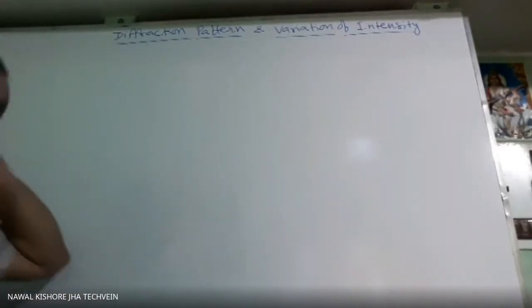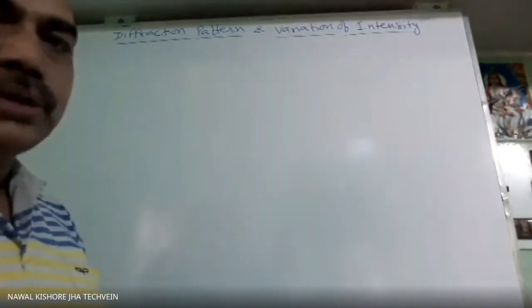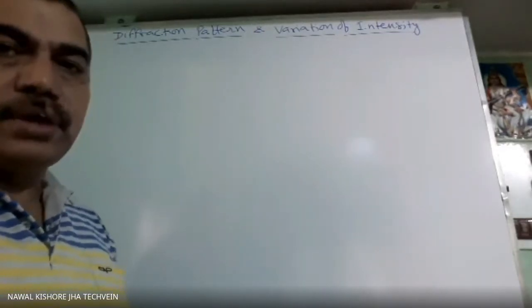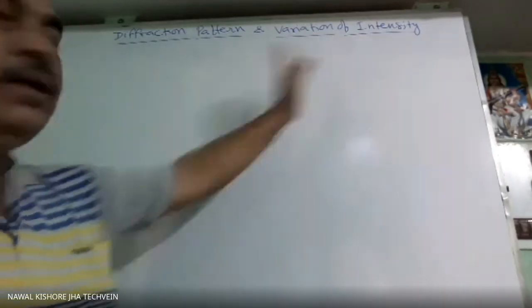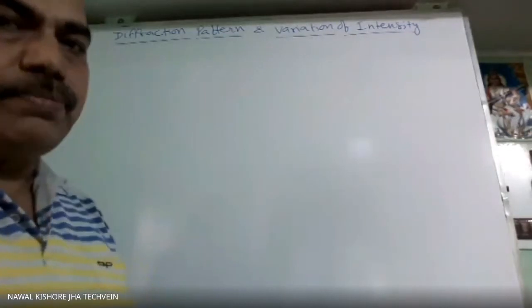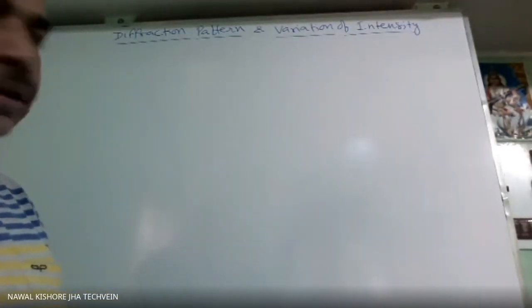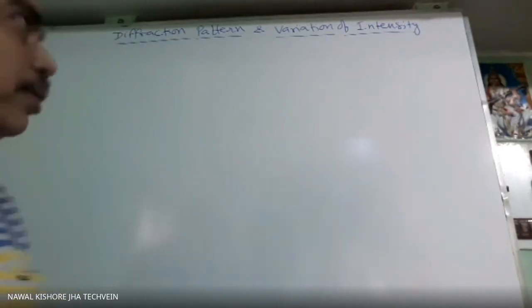So today we are mainly going to discuss the position, that is angular position, linear position, as well as angular width and linear width. And then we will see the graph, intensity versus phase difference, or the position on the screen, that graph we will plot.